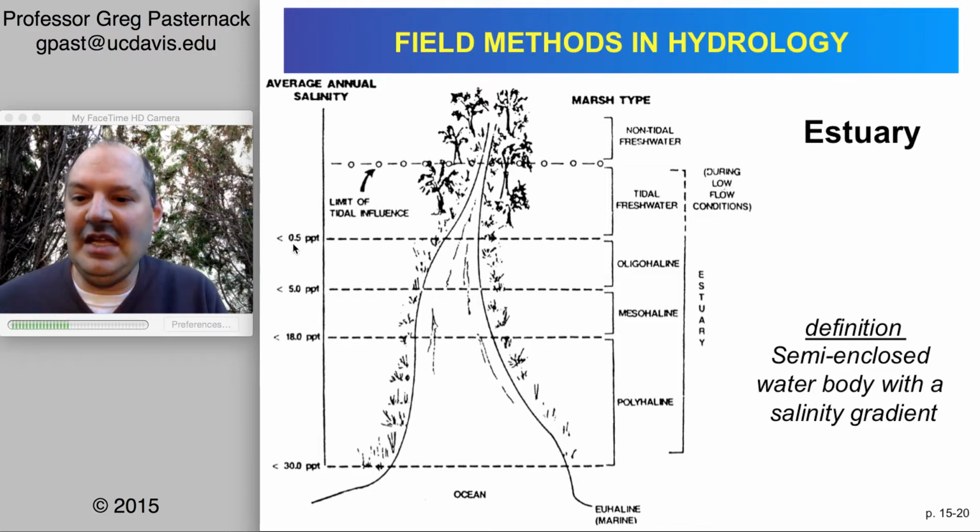So when the salinity is less than 0.5 parts per thousand, which you should be able to turn into parts per hundred, right? No problem. Okay, that's called the tidal freshwater zone. And that reflects the fact that tides propagate as a wave much farther upstream than how far salinity goes.